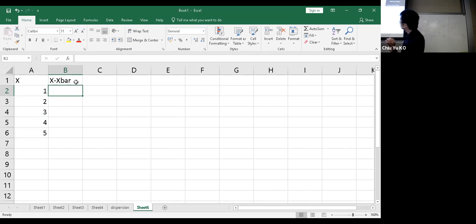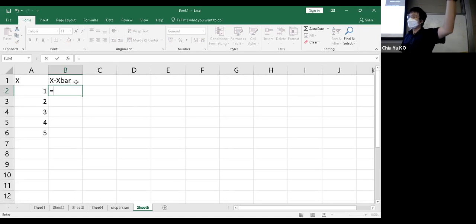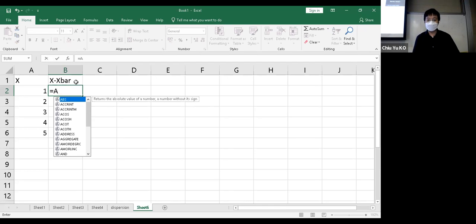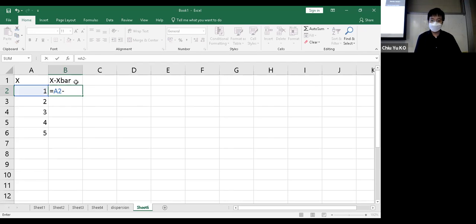We need to figure out x bar is the mean, right? The mean is the same for every row. We use a smart way to do it: you use what we call an absolute address. It will be equal to A2 minus average of A2 to A6.